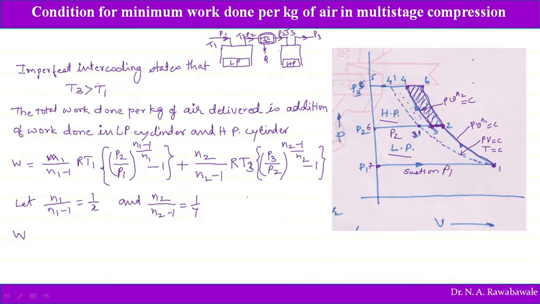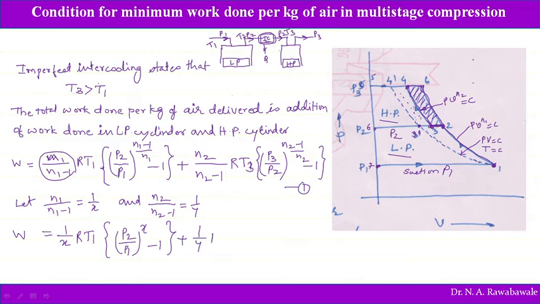So this work done, equation number 1, can be written as W is equal to 1 over x, R T1, (P2 divided by P1) to the power of (n1 minus 1) divided by n1, the reciprocal of this is x, so to the power of x minus 1, close this bracket, plus 1 over y, R T3, in bracket (P3 divided by P2), higher pressure over lower pressure, to the power of (n2 minus 1) divided by n2, the reciprocal of this is y, so y minus 1. So this is equation number 2.